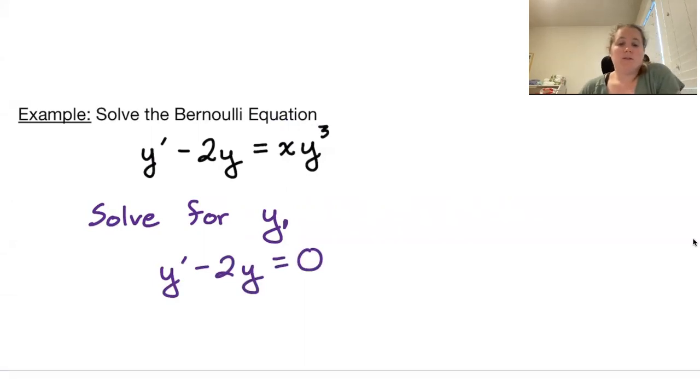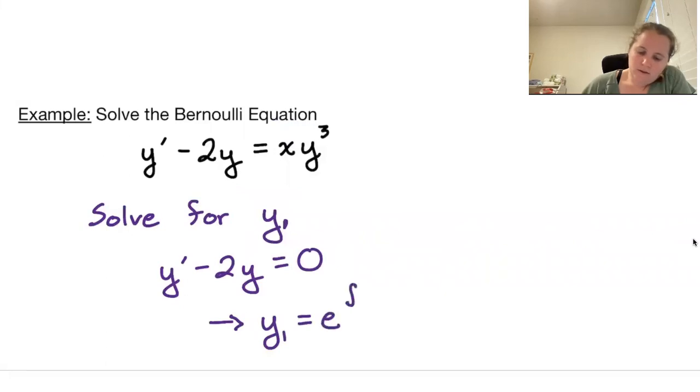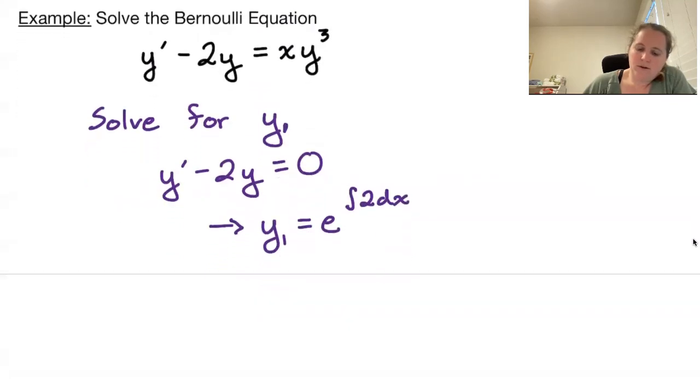So y prime minus 2y equaling 0. This has solution y1 is equal to e to the integral of 2 dx, or y1 is equal to e to the 2x.